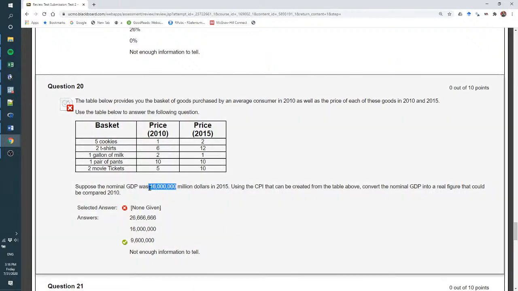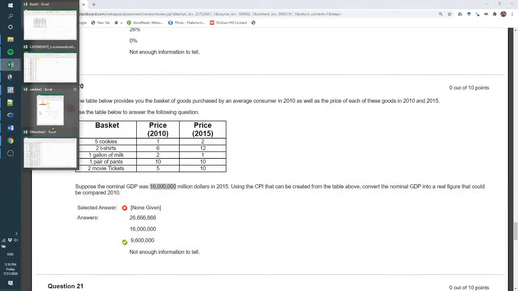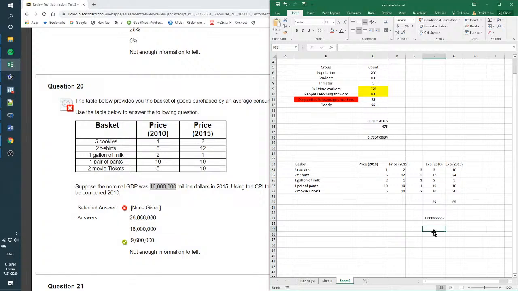All right. So all we have to do is take this 16 million. And then what we want to do is divide that by our deflator, which is 1.66. And then we get 9.6 million.